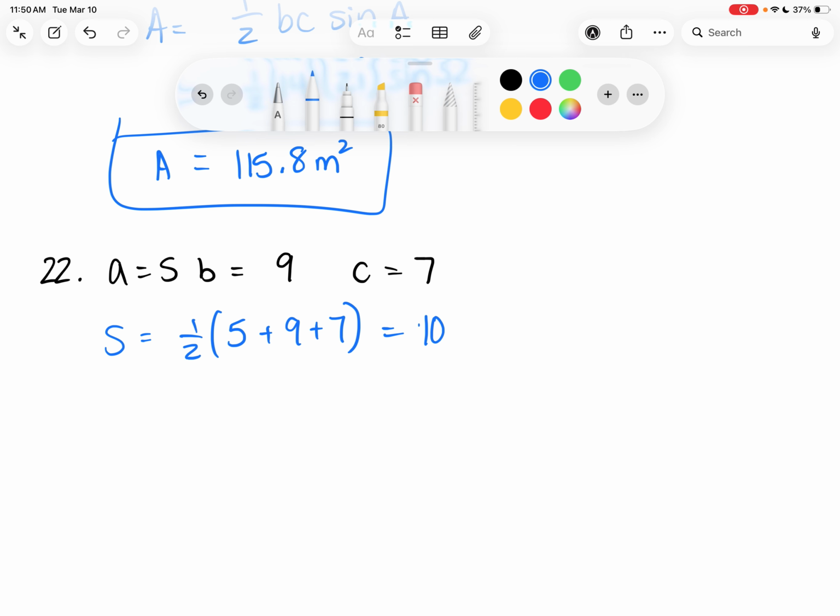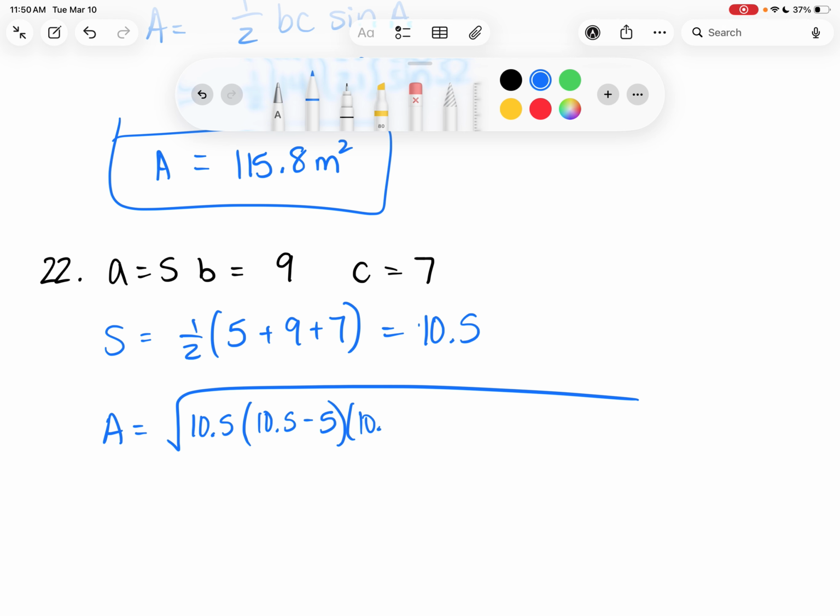10.5. So then now, area is the square root of S, so 10.5, times S minus A, so 10.5 minus 5, times 10.5 minus 9, times 10.5 minus 7. And then just plug that in.